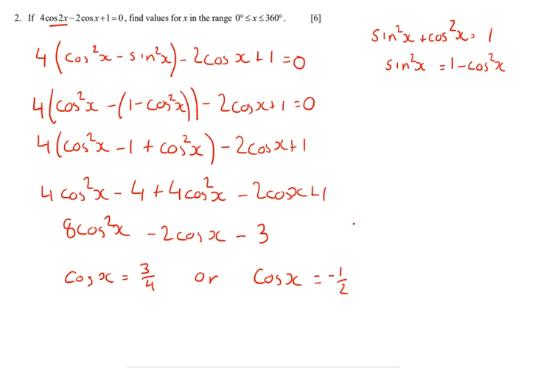Now, we could have factorized this. The only way of making 3 is 3 and 1, and 1 needs to be a plus, 1 needs to be a minus.